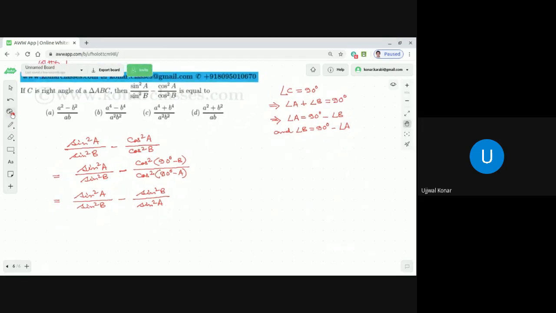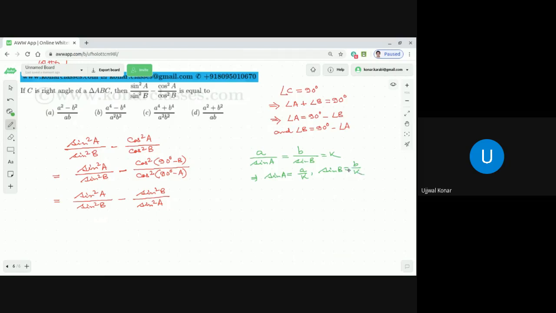Now, dear students, let me use a different color, and as we are all aware, A by sine A is equal to B by sine B. So let's assume this is equal to K, for example. So from here we can write, sine A is equal to A by K and sine B is equal to B by K. Why are we writing like this, dear students?